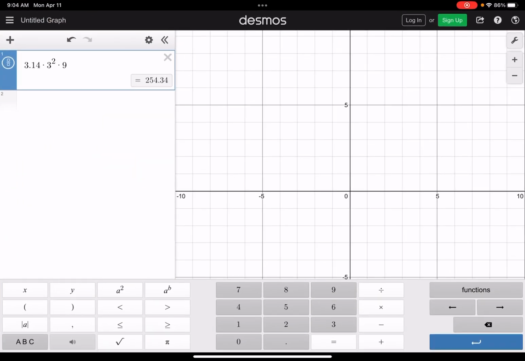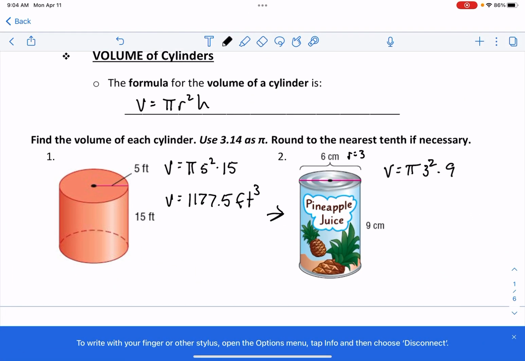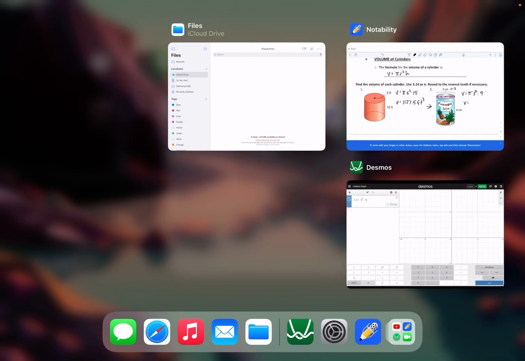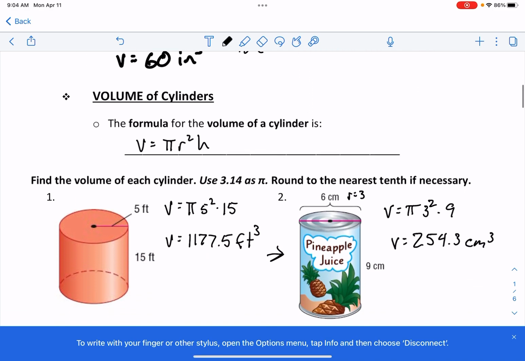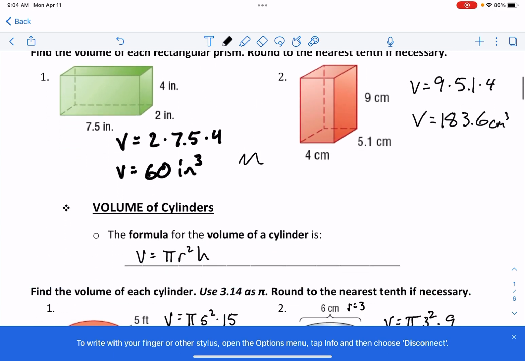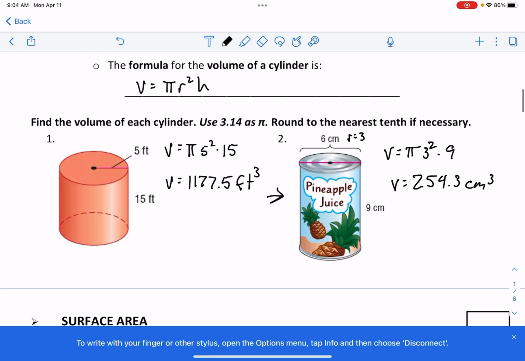Yep. We get 254.34. Rounding to the nearest tenth, though, we've got volume equals 254.3. And that would be centimeters cubed. So volumes are pretty simple here. We just have our formula and we plug in the values and complete our order of operations.